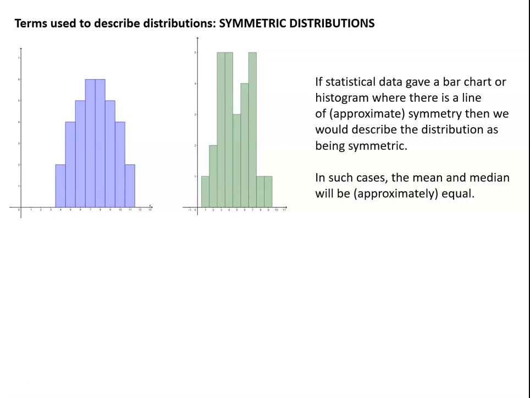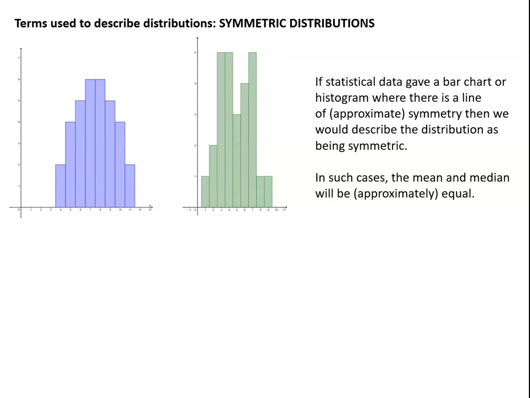Let's suppose that we've got a couple of bar charts or histograms, and these have a line of symmetry in the case of the blue one and an approximate line of symmetry in the case of the red one.